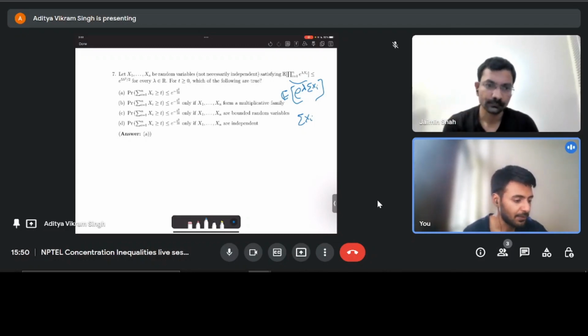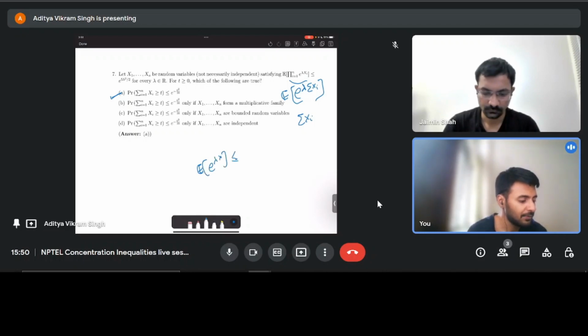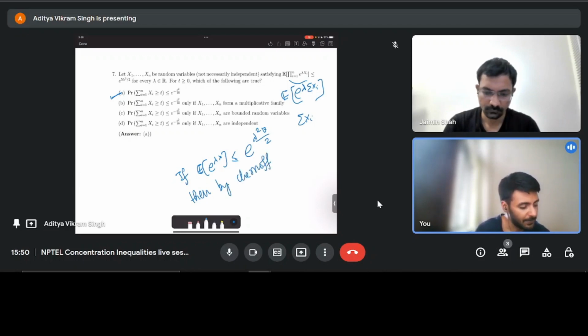If you have this kind of bound on the moment generating function, and you just use the Chernoff method, you get the result. So if we know that the expectation of e power lambda x is less than or equal to e power lambda square v by 2, and this holds, then by the Chernoff method we get that the probability that x is greater than or equal to t is less than or equal to e power minus t square by 2v.